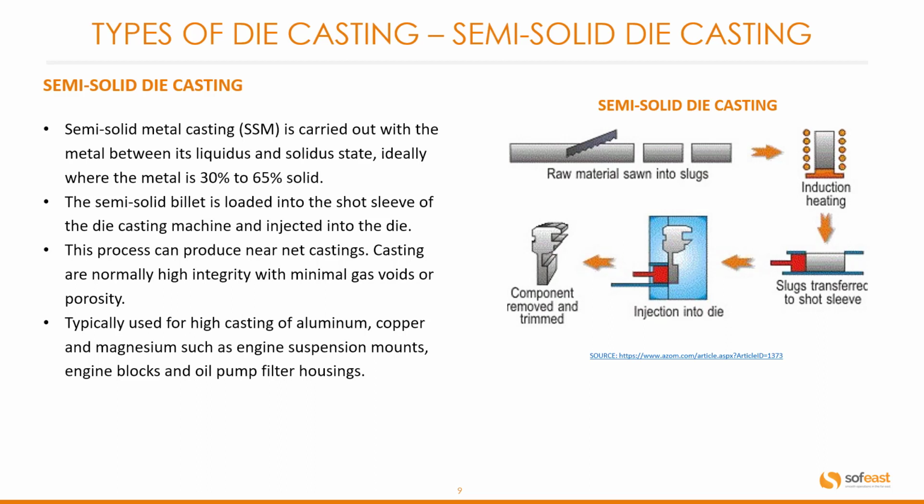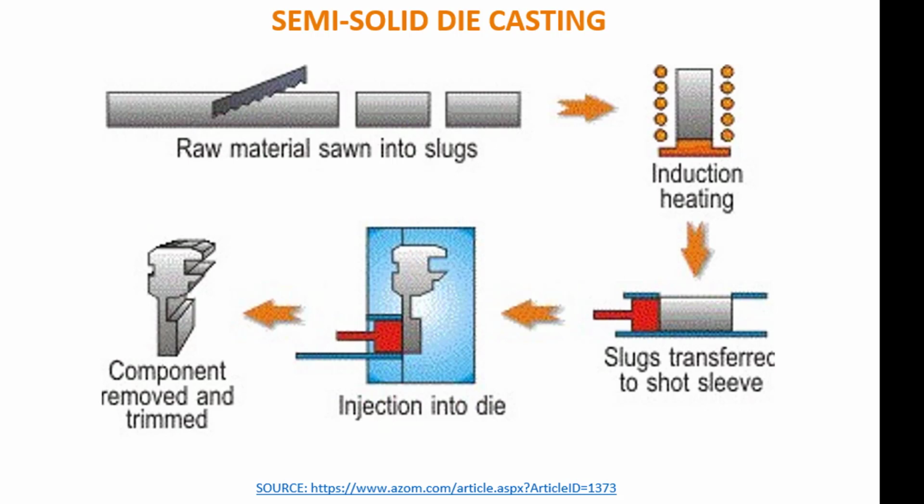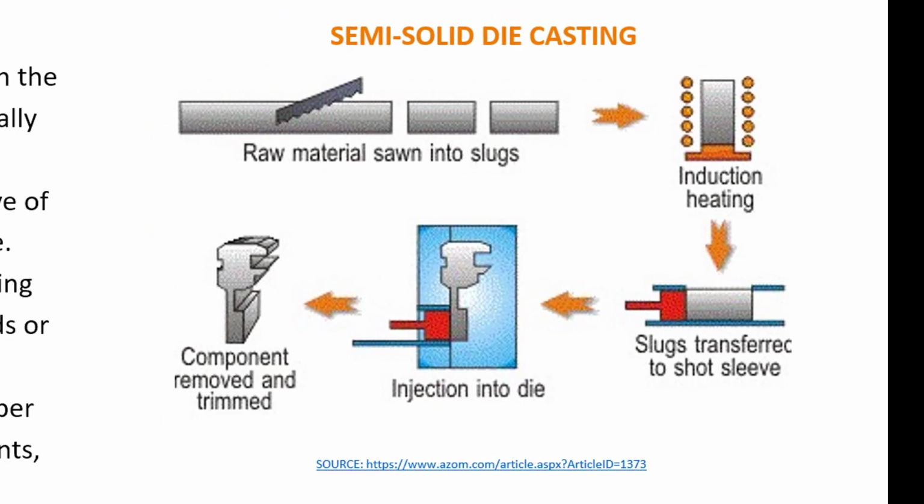Castings are normally high integrity with minimal gas voids or porosity, typically used for high integrity casting of aluminum, copper and magnesium, such as engine suspension mounts, engine blocks and oil pump filter housings. We can see the process over here on the right hand side. We can see the raw material is cut into slugs. That is then induction heated, transferred to the shot sleeve, injected into the die where the complete component is ejected.